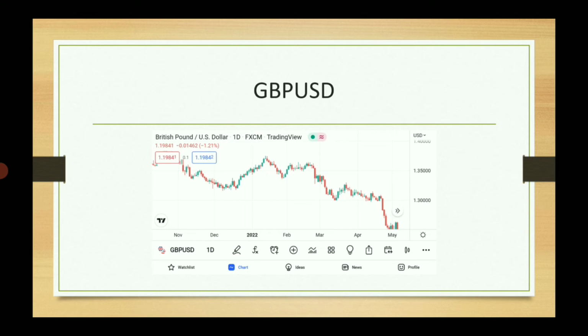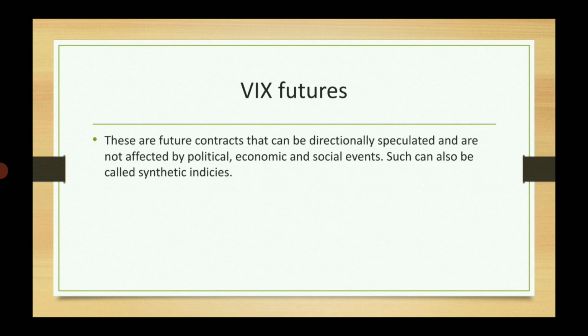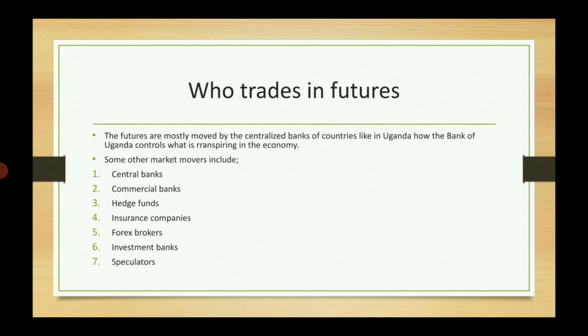Let's say there are wars. When we're in wars, you find that the USD, the United States dollar, is mainly used as a security currency, and during that time the dollar increases because of these various wars that are affecting us.